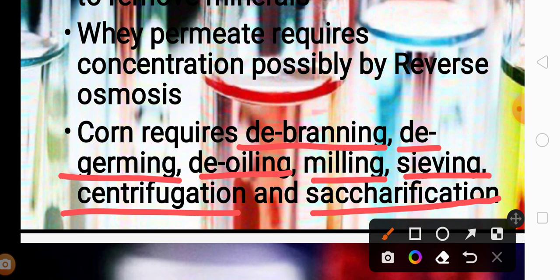Okay, so debranding is the removal of bran from our corn. Degerming is the removal of the germs or the small seeds from our corn. De-oiling is the removal of oils from corn. Milling is chopping it into small pieces, as we have seen that corn is milled during the production of ethanol.